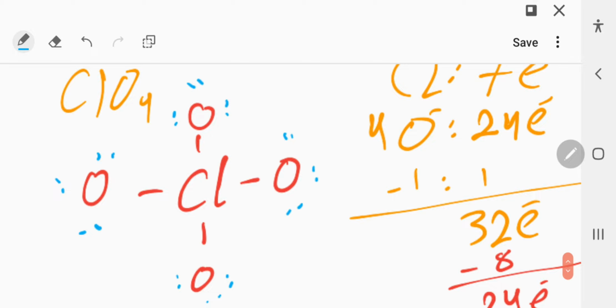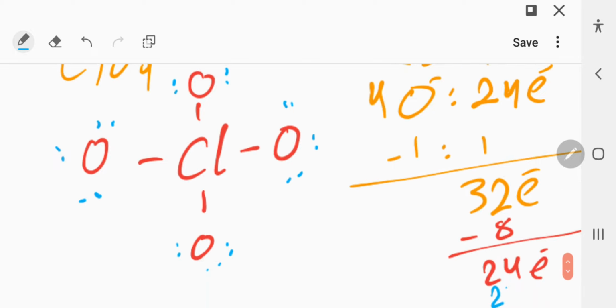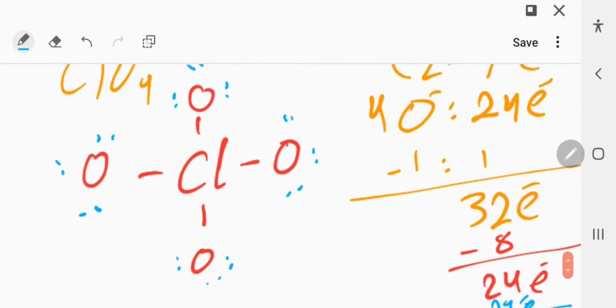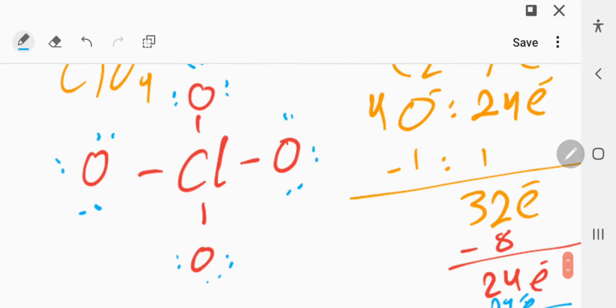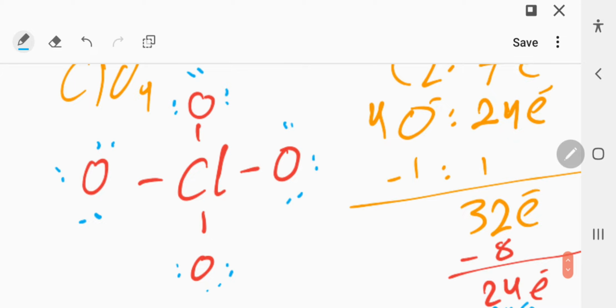Now we don't have any valence electrons available because we used 24 electrons, so 0. As you can see, chlorine is stable and oxygen is stable, so everything is all right and no need to use any other double bonds here.